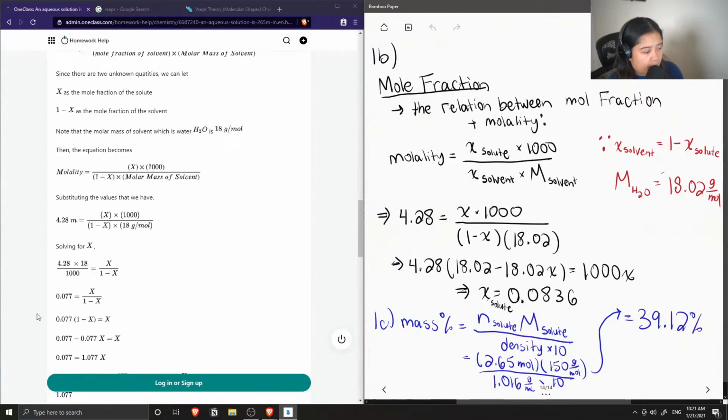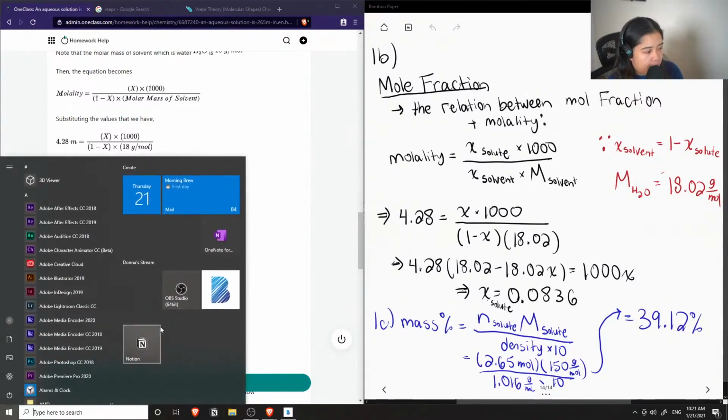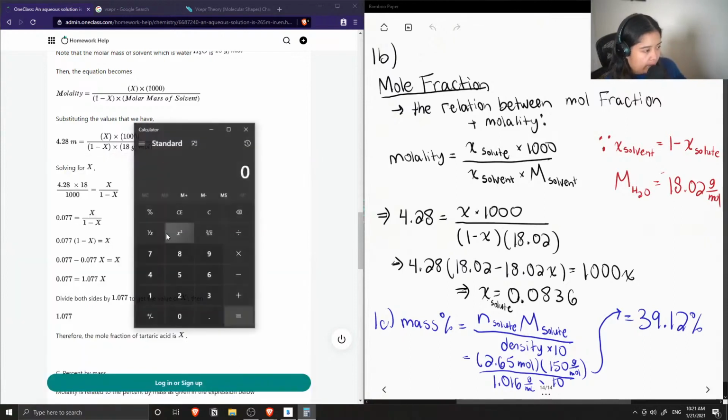Looks like the math is correct. Might be off by a few decimal points. Let me search calculator.